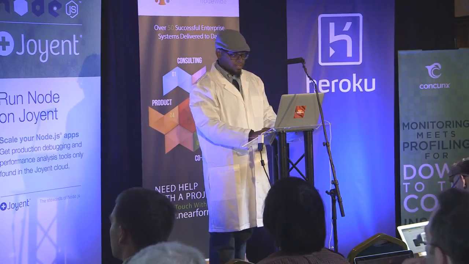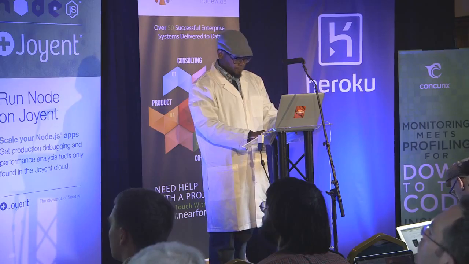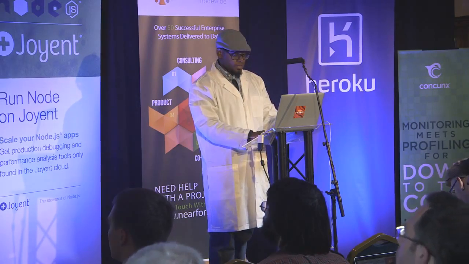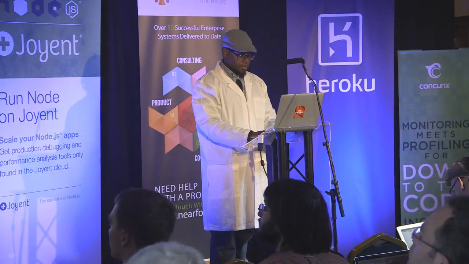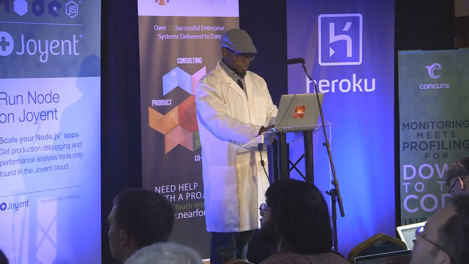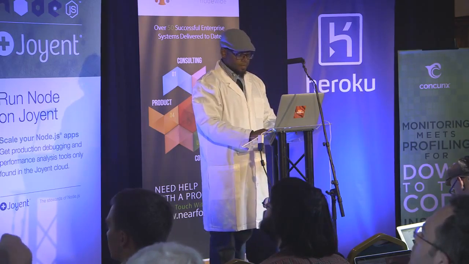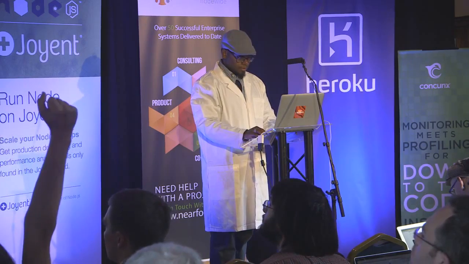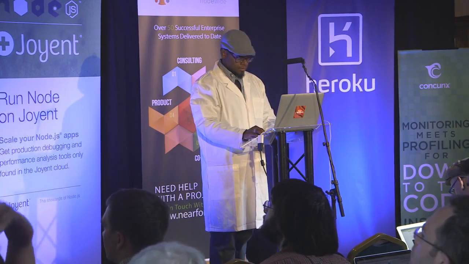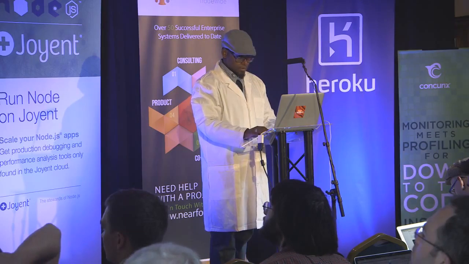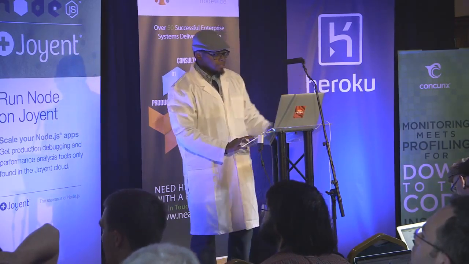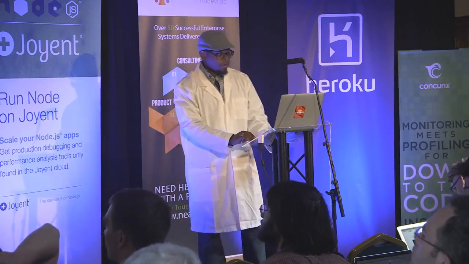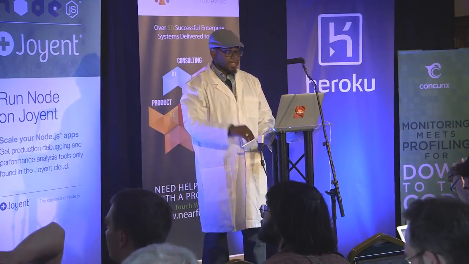If I run siege against this, you'll see that even though we might get horrible numbers, like 1 second, 2 seconds, that has more to do with the network latency here.